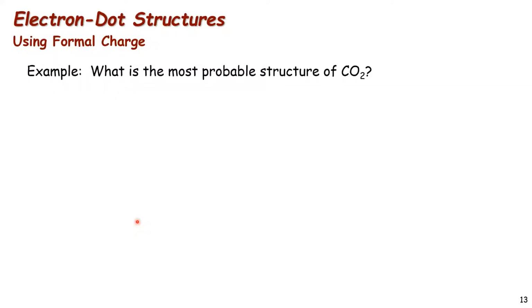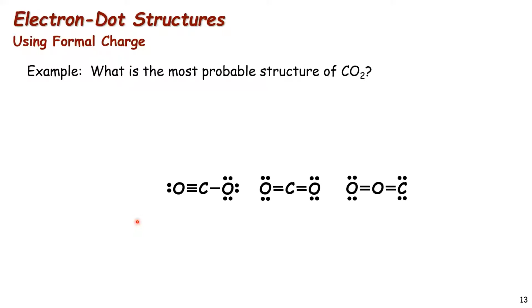Okay, so example: what's the most probable structure of carbon dioxide? We have these three possible structures, right? I have fulfilled the octet for all of these. We'll come back to why some of them shouldn't have even been written to begin with, but here it is.